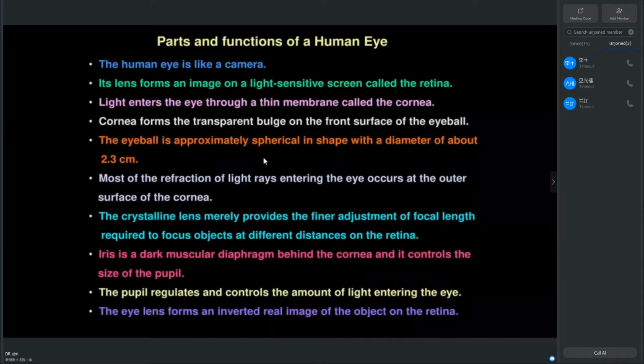As you can see here in these slides, we focus on the working principle of our eye. A little bit, I compare it with a camera or image acquisition system, which we will talk about later.